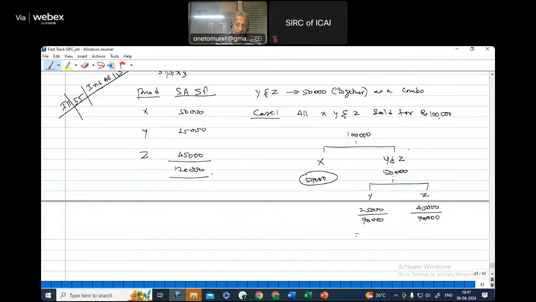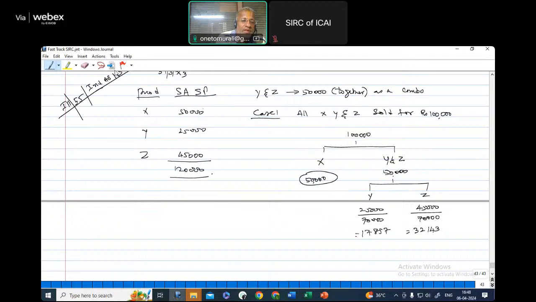So 50,000 into 25,000 divided by 70,000, that comes to 17,857. 50,000 into 45,000 divided by 70,000, that comes to 32,143. So we understand that how that 100,000 is getting distributed.